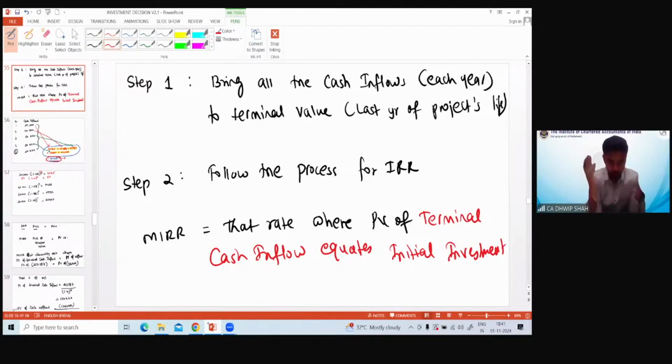Then the second step is to just follow the process of normal IRR. That is, use the trial and error method and find that rate where your terminal value cash inflow equates your initial investment.